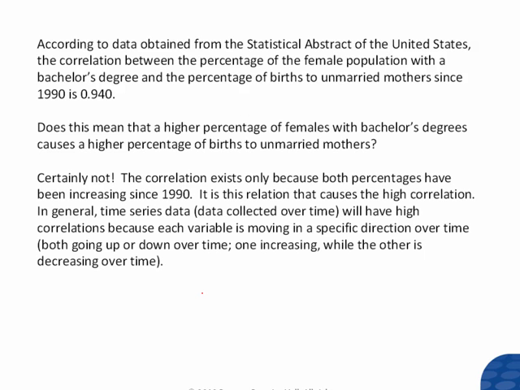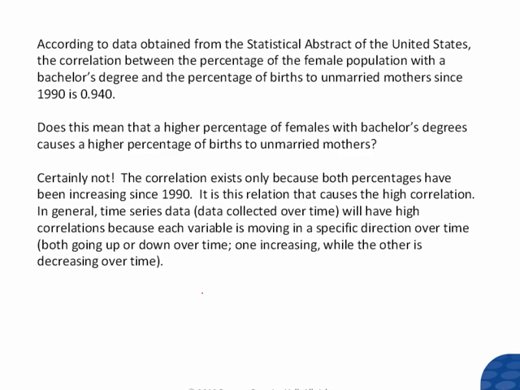The reason that correlation exists the way it does is because this is what's called time series data. We collected the data annually since 1990. It just happens to be the case that during that span of time, both variables happen to be moving in the same direction.